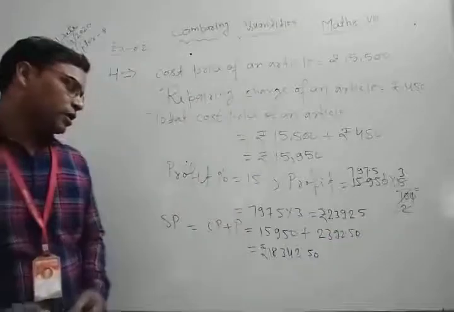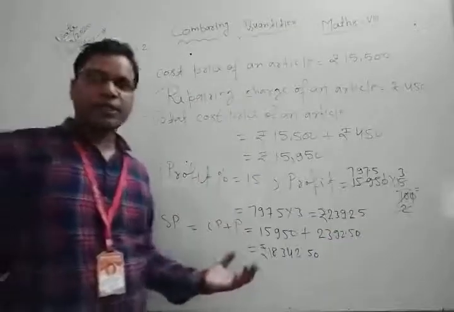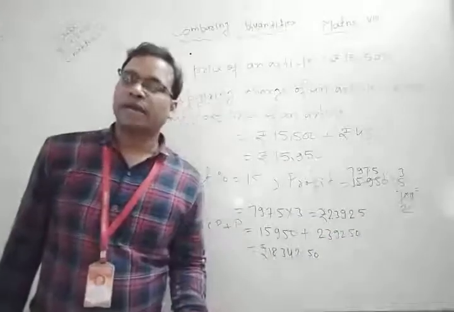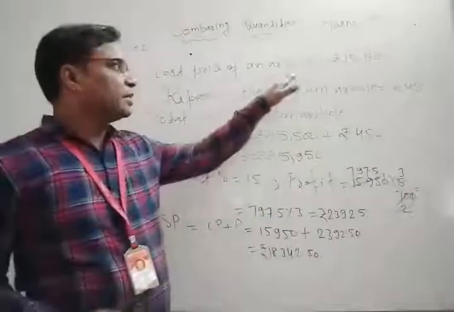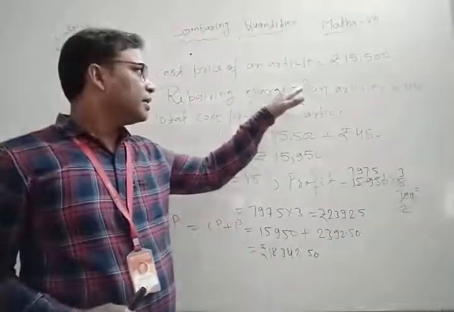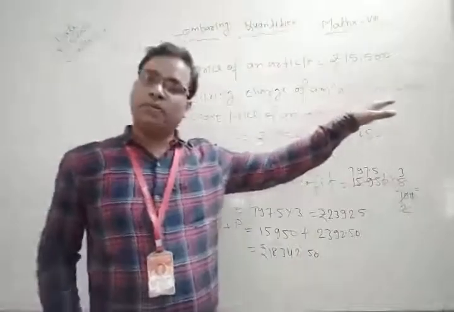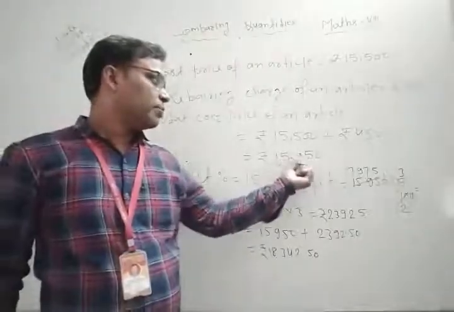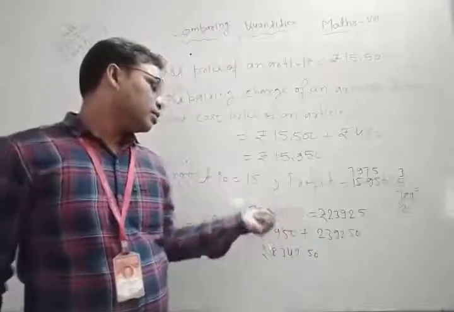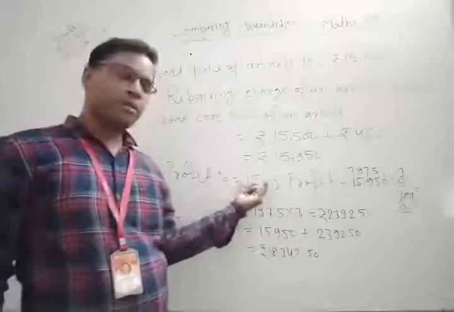Okay, so in this way you find the selling price of an article whose cost price is 15,500 and repairing charges are 450. So the total cost price is 15,950, and the profit percentage given is 15.